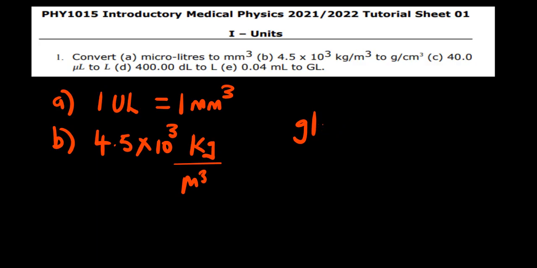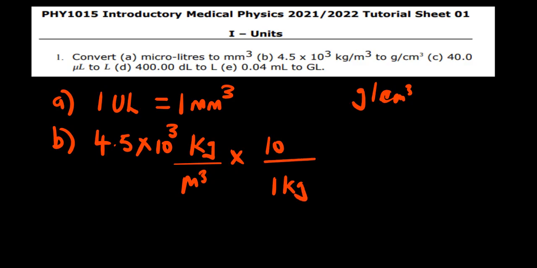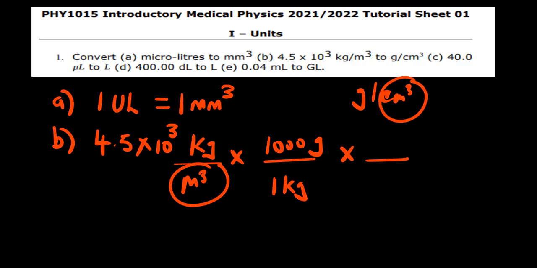Allow me to write it on top, grams per centimeter cubed, because that's where I want to go. For us to convert our kg, you just know that 1 kg is equal to 1000 grams, multiplied by, now for us to convert our meter cubed to centimeter cubed.